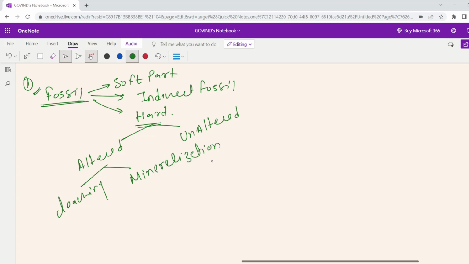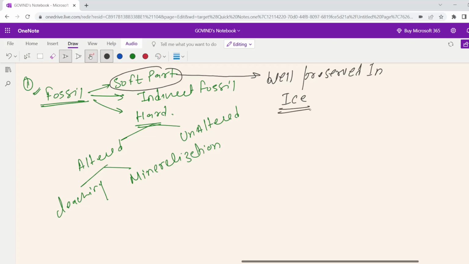Now it is important that it is very difficult to preserve a soft part. Of course, if we leave a soft part, it would be decomposed by bacteria, but soft parts can be well preserved. This is important to understand. They can be well preserved in, let's say, ice.